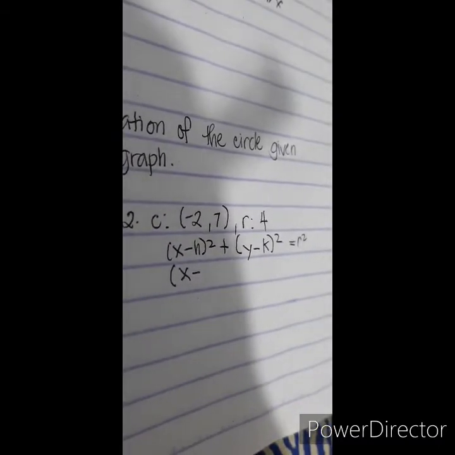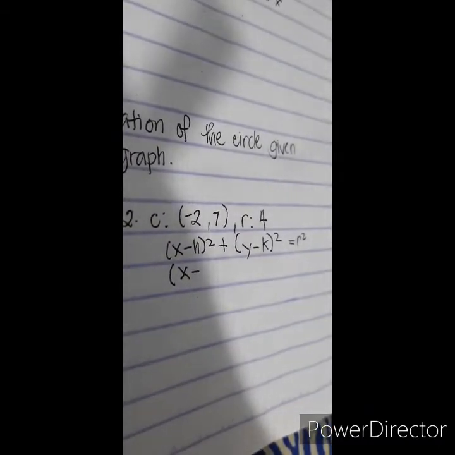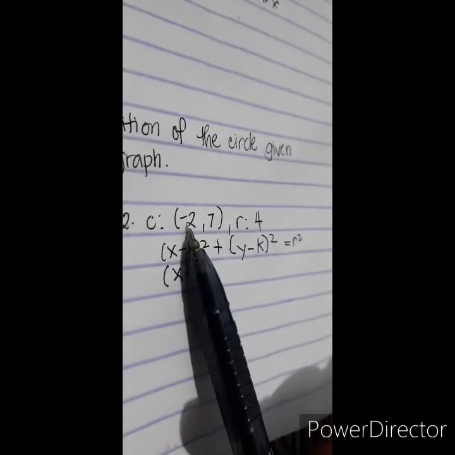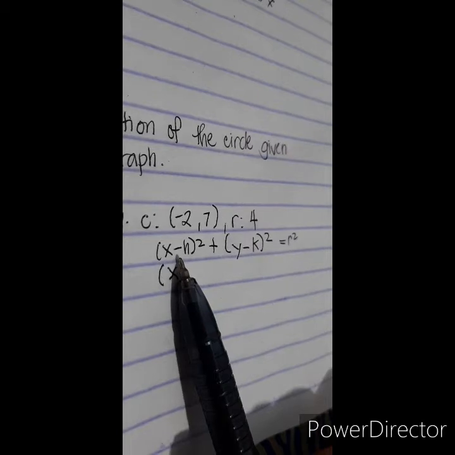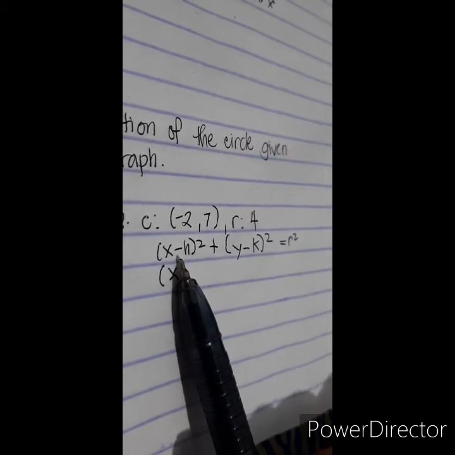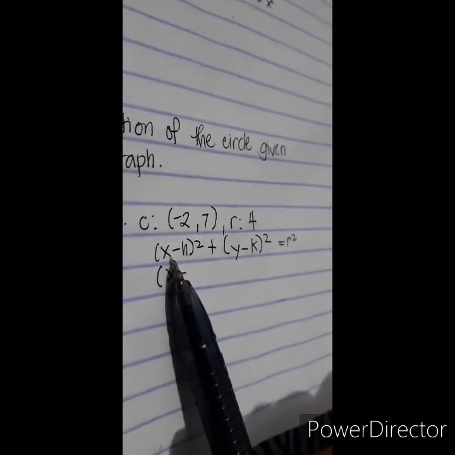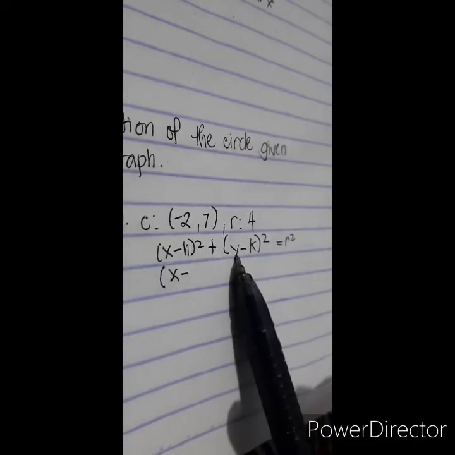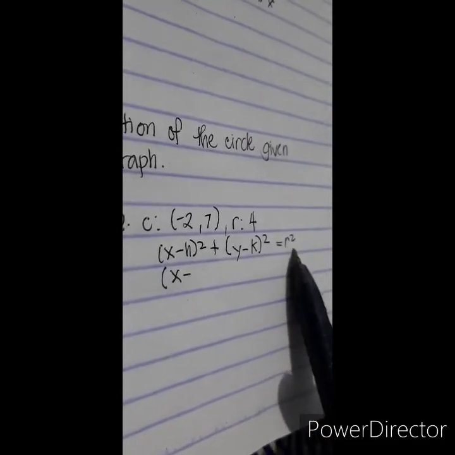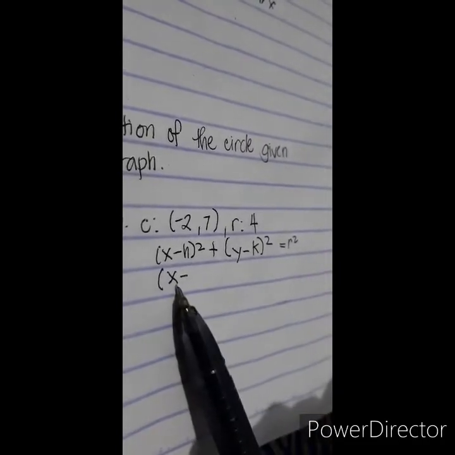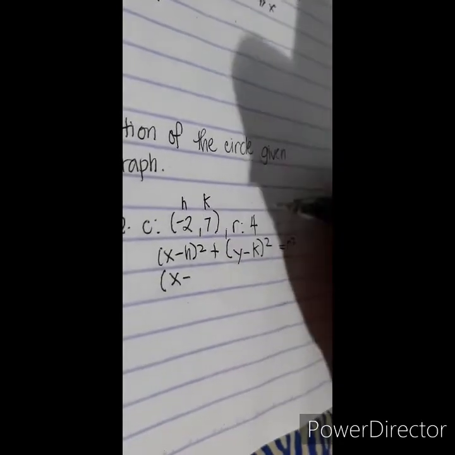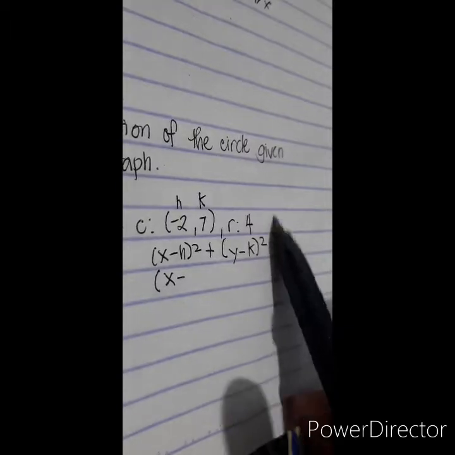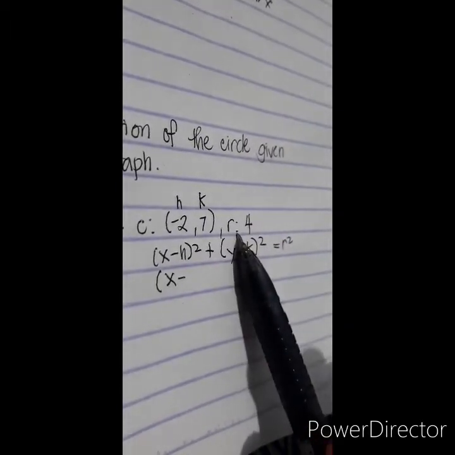Okay, here I will show you how I am going to solve problem number 2 using the formula quantity of x minus h squared plus y minus k squared is equal to r squared. So we will just substitute the values of h and k from the given to the equation, and also the radius.